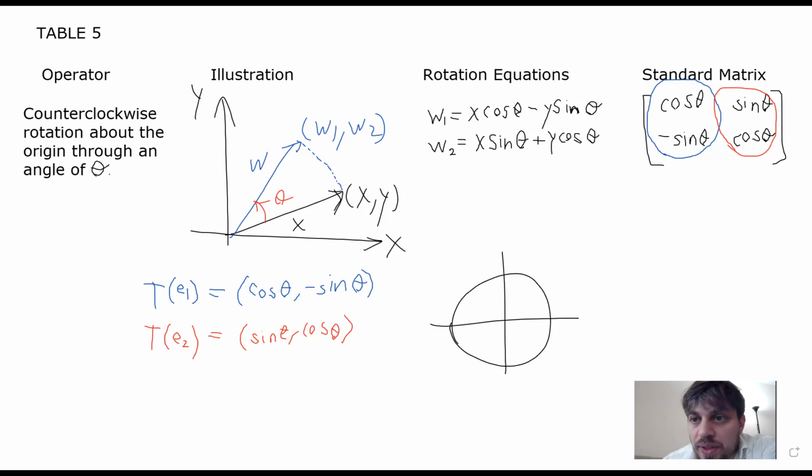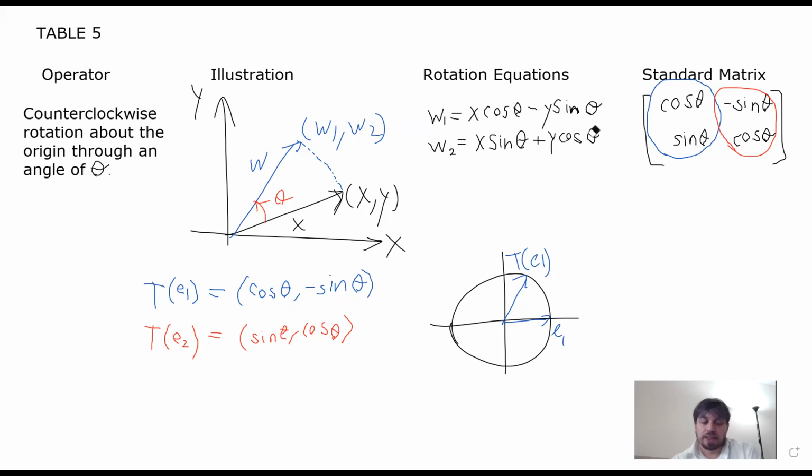E1 is this vector, and if you rotate it about an angle of theta counterclockwise, you get T of E1, whose components are cosine theta, comma sine theta.